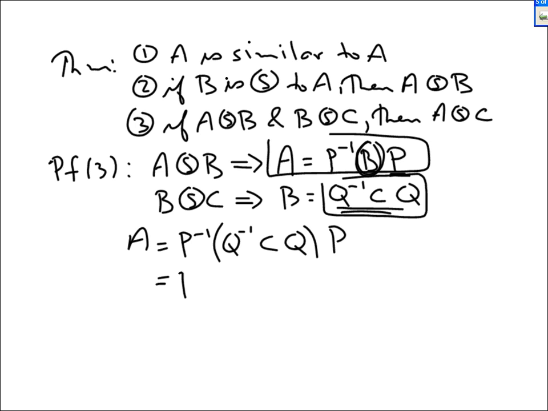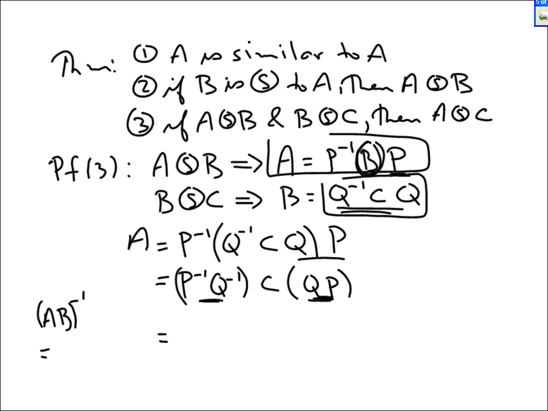Okay, now this is P inverse Q inverse times C times QP. Now, whatever is over here, I want the inverse of that to be there. And then you go, oh, yeah. When you have A inverse times B inverse, you switch the B and A, and you inverse them. So I switch the Q inverse and the P inverse.